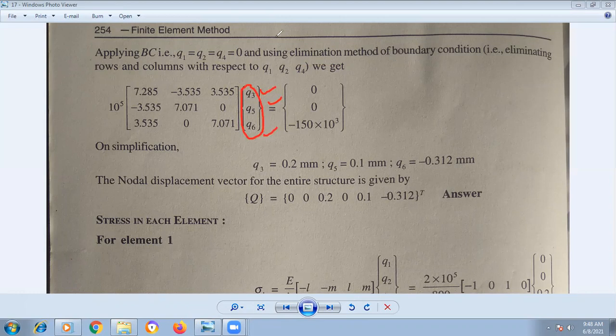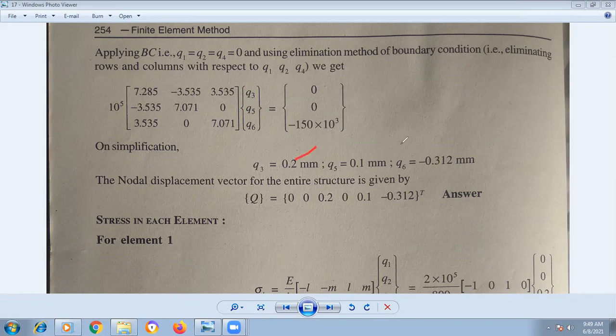You can use your calculator, equation mode, 3 equations with 3 unknowns. So you can find out X, Y, Z, the 3 terms. Or you can use the Gauss elimination approach. Row column transformation, you can do it, and then also you can find out.